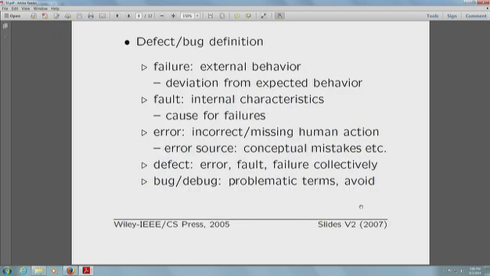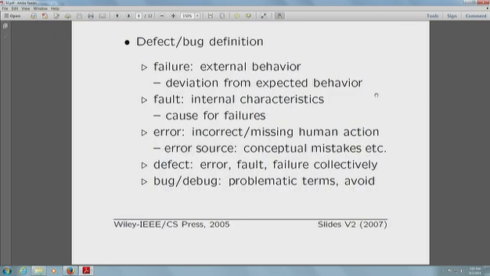The crash is probably the highest severity level, while the answer of 4.000001 is probably a low severity failure. When you look at a failure, you look at the system behavior, and you have some expectations about system behavior, and you compare the behavior against the expectation.